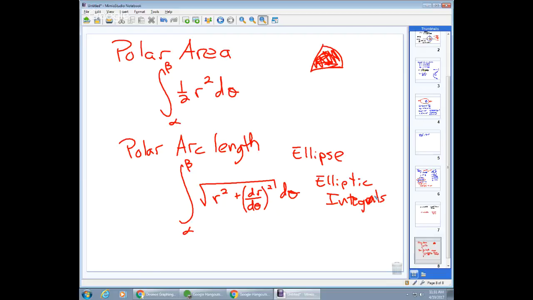And this happens even with some normal cycloids, though actually you can pull off an arc length there. We did that in class one day. But remember the bicycle reflector problem? If you try to find the arc length of that, you can't do it. You get what's called an elliptic integral, because it's kind of related to an ellipse.